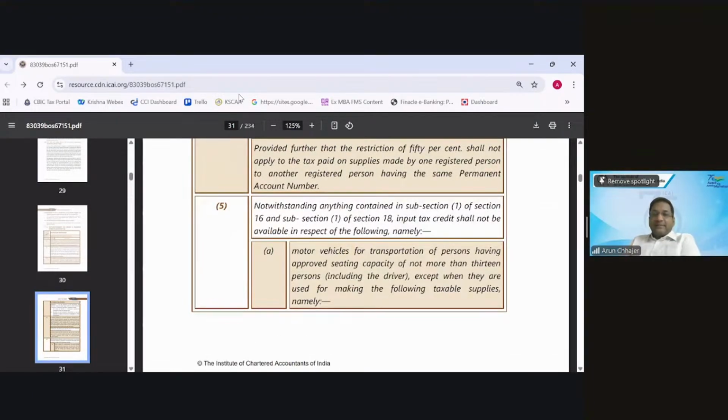Now it says motor vehicles for transportation of persons having approved seating capacity of not more than 13 including the driver, except when they are used for making the following taxable supplies.